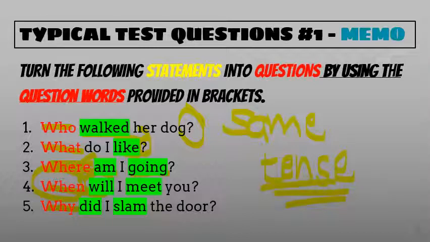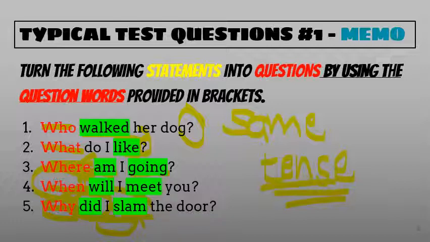And your last statement was, I slammed the door because I was annoyed. And I wanted you to answer why. Why did I slam the door? Watch out here. My did shows me I am in my past tense, and remember always after do, does and did I have to use the most simple form of my verb.